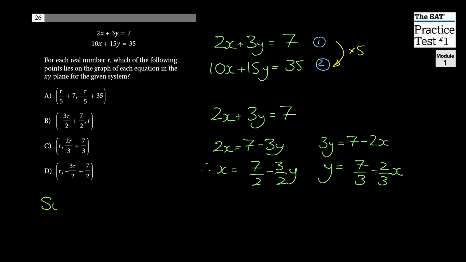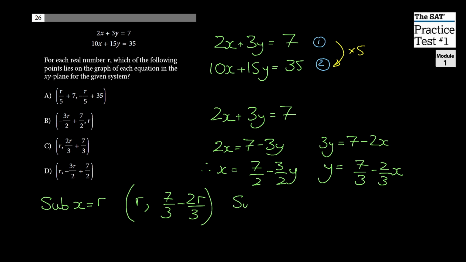So if I now sub in x equals r, the coordinate point will be: the x coordinate, which is just r, and the y coordinate will be r substituted into this equation here, which is 7 over 3 minus 2r over 3. Is that one of the options? Sadly not. So that doesn't work.